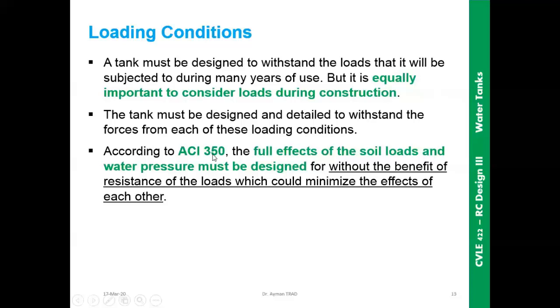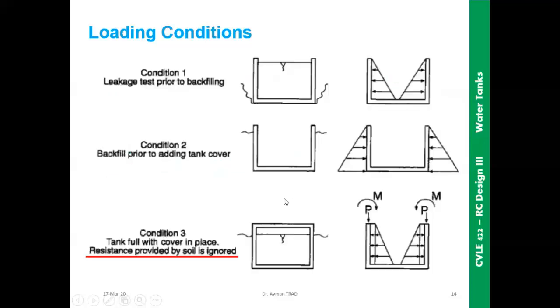Now we have to know at the beginning that this ACI 350 requires that, in the case of an underground water tank, we don't take into consideration loads of opposite sense. What does that mean? We'll see in the next slide.